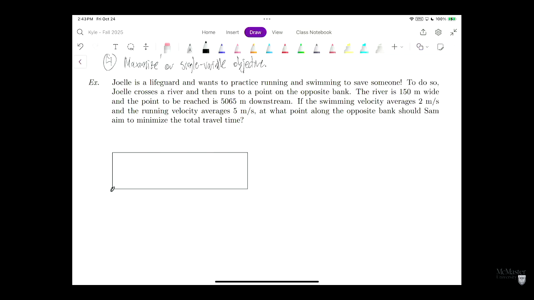So Joelle is going to start here and end here. This distance is 5,065 meters downstream, so this length is 5,065 meters. The river is 150 meters wide.